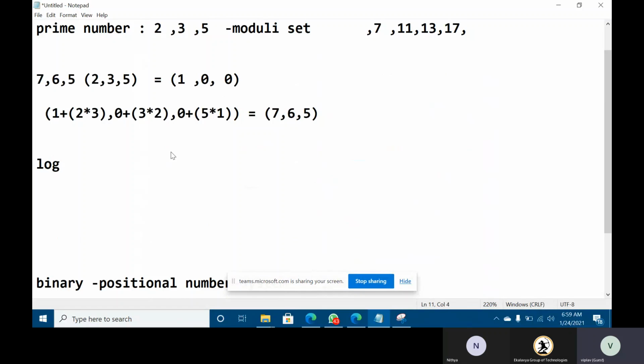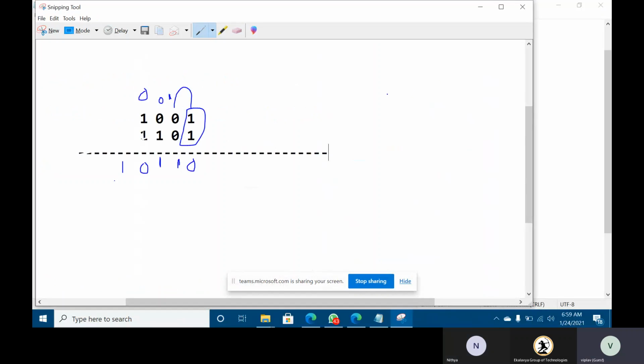Suppose I am having log 2 base 2. What is the value of log 2 base 2? This value is 1.